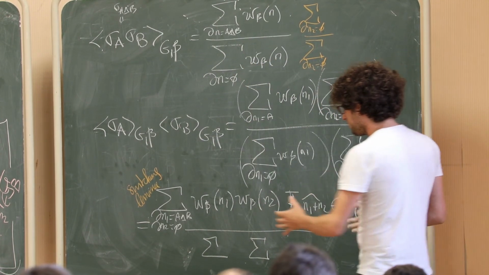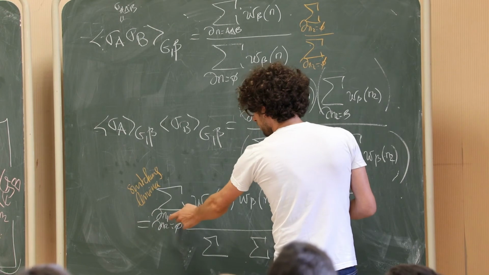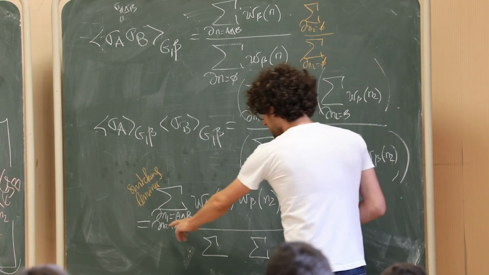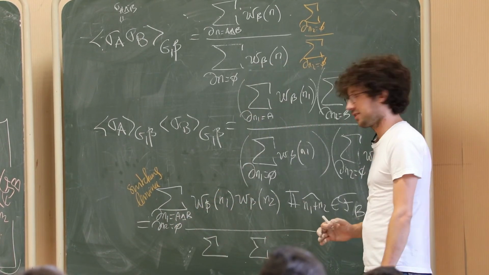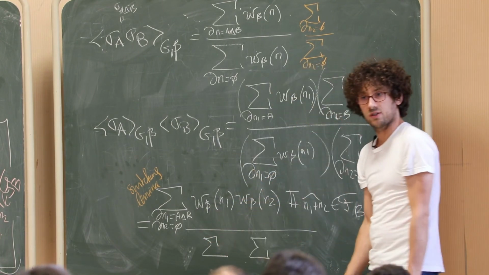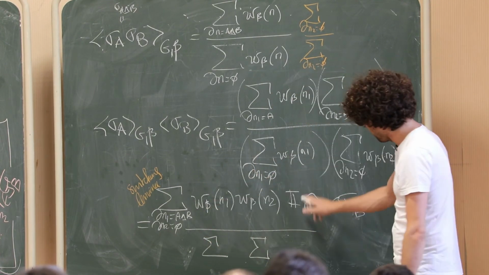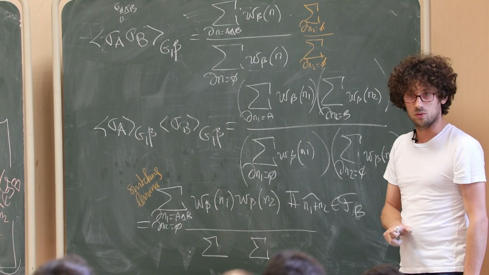And here I get the sum over currents N1 with sources the symmetric difference, sum over second currents with empty sources, divided by two sourceless, except that here at the top, I have this additional condition.